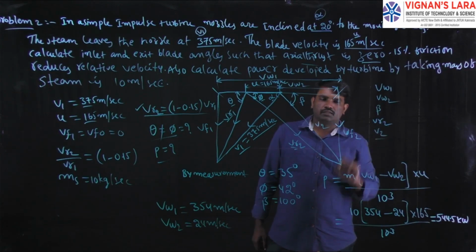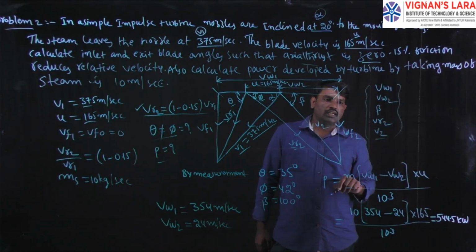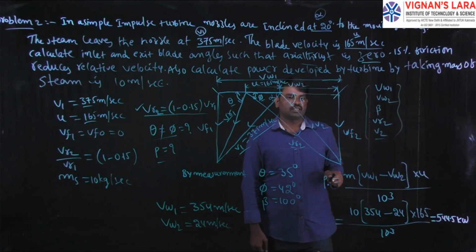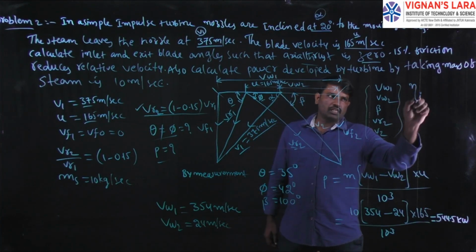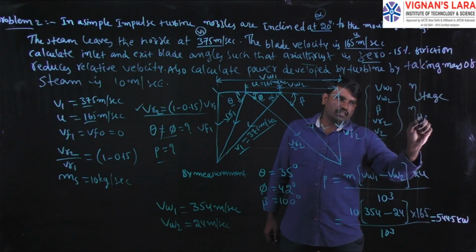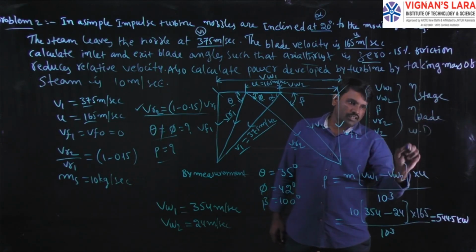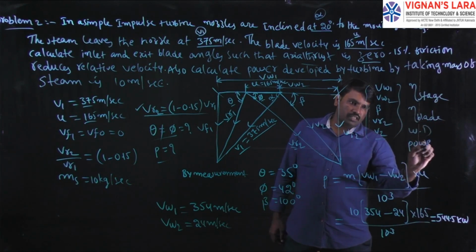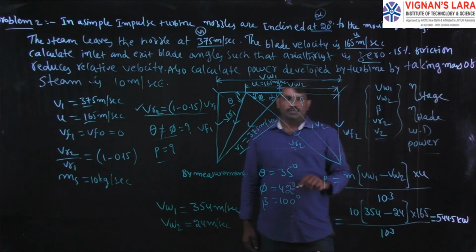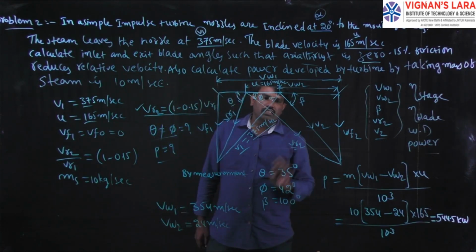Based on these values we calculate the different parameters of the impulse turbine: stage efficiency, blade efficiency, work done by the turbine, and power developed by the turbine. You can easily calculate these parameters from the combined velocity triangle.